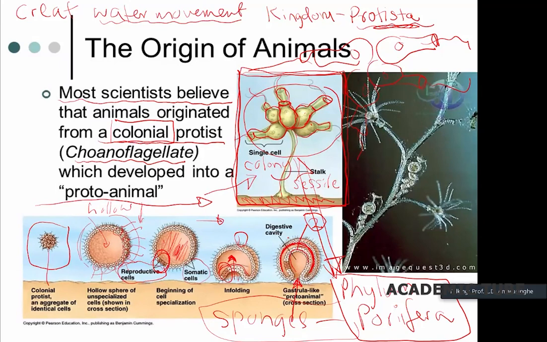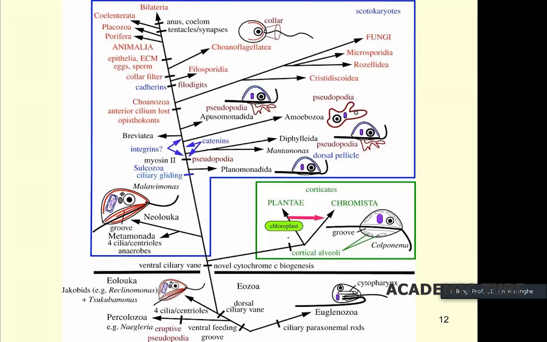The origin of the animal is the colonial protista, in the kingdom Protista, a type of flagellated organism attached to each other forming a colonial protist, the choanoflagellate. We call it the proto-animal. Here you can see the phylogenetic development of the animals, that is Animalia.